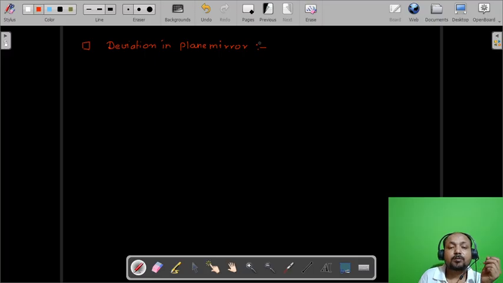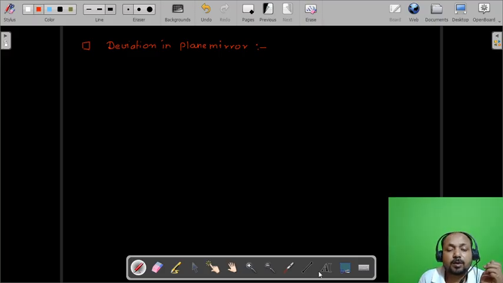So what is deviation? Deviation is the angle through which the incident ray deviates from its initial path during reflection. So that angle through which it gets deviated is called the deviation angle.